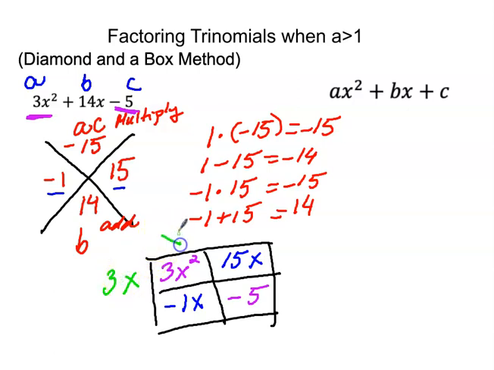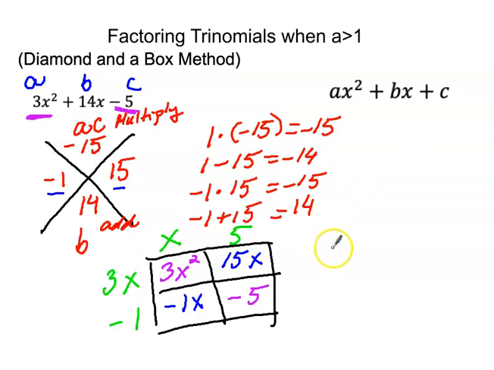It's gonna be x, since x times 3x is 3x squared. So 3x times what number will give me 15x? 3x times 5. 5 times 3x is 15x. So let's continue. x times what gives me negative x? It's going to be negative 1. And notice that negative 1 times 5 is negative 5.